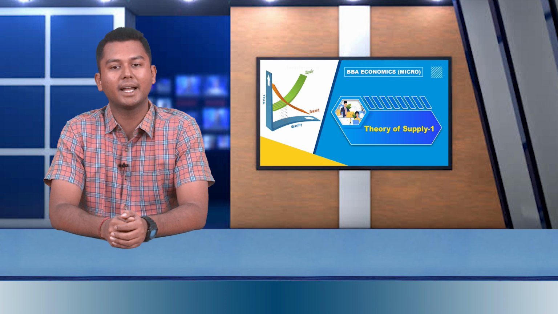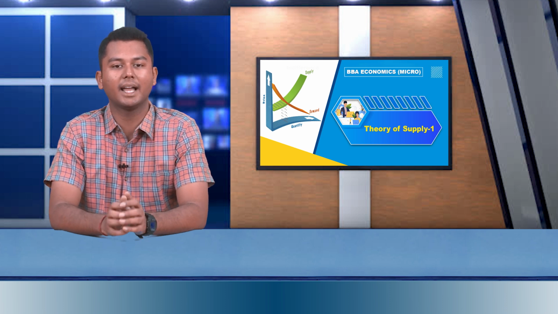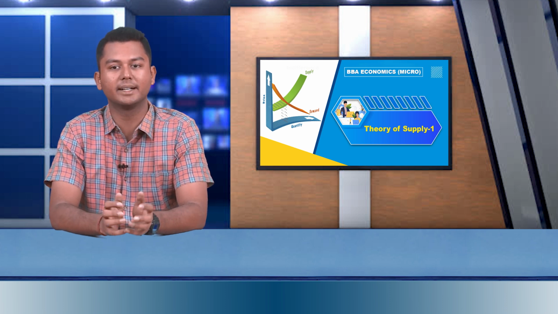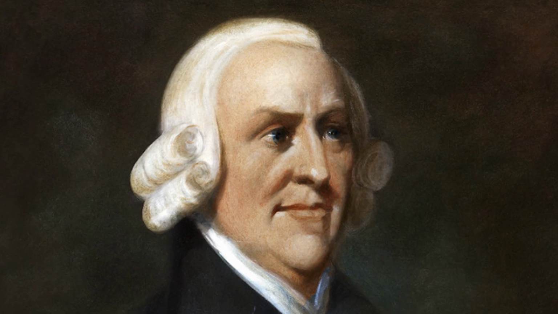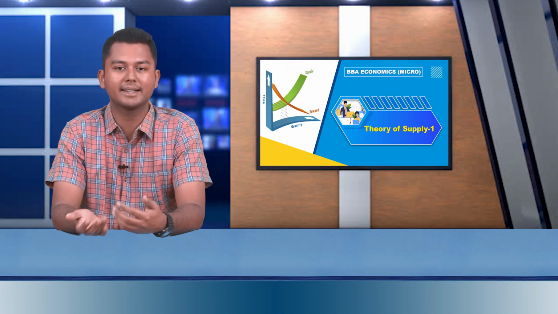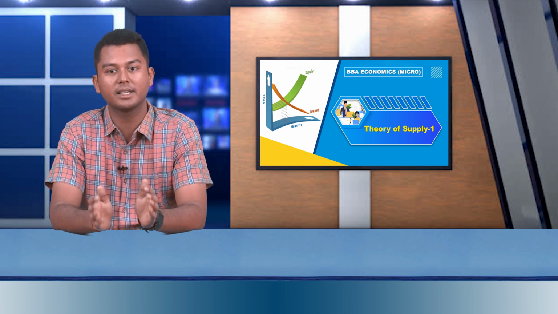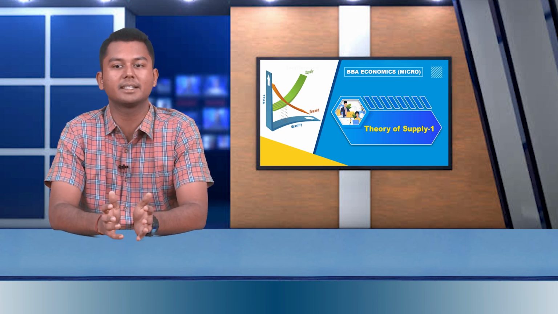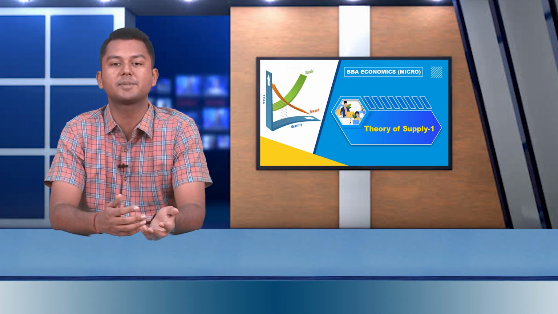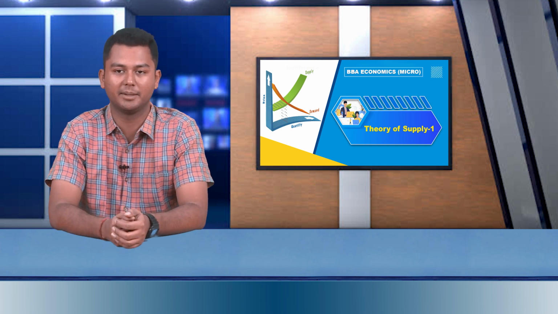The theory of supply developed alongside demand theory as economists sought to understand how markets function. Early economists like Adam Smith recognized that both buyers and sellers play essential roles in determining market outcomes. Classical economists such as David Ricardo and later Alfred Marshall formalized supply analysis, developing concepts like supply curve and market equilibrium.